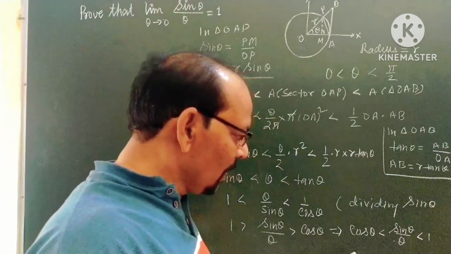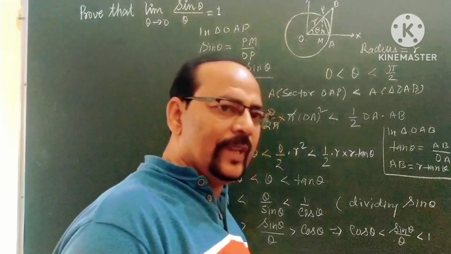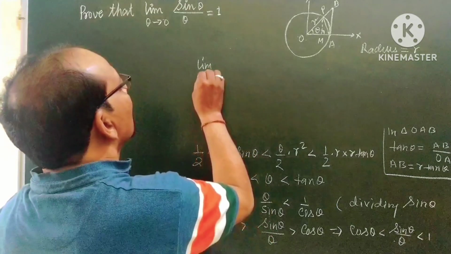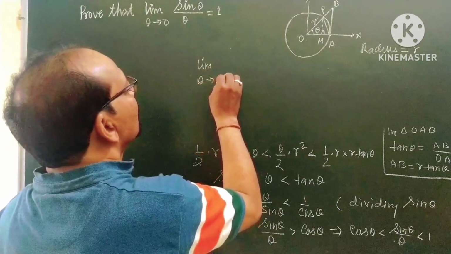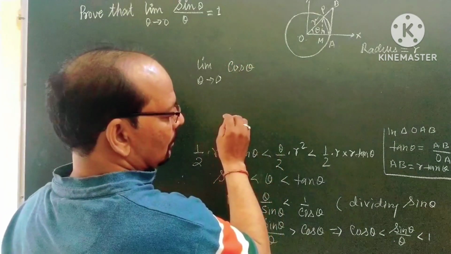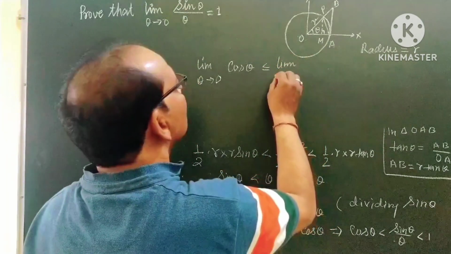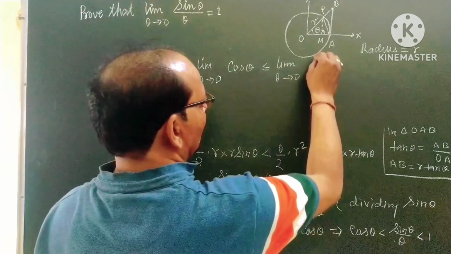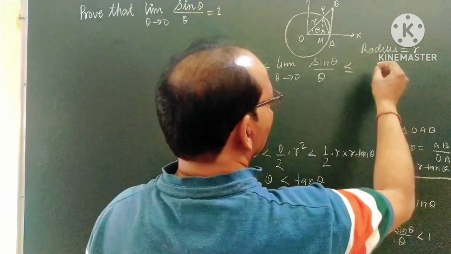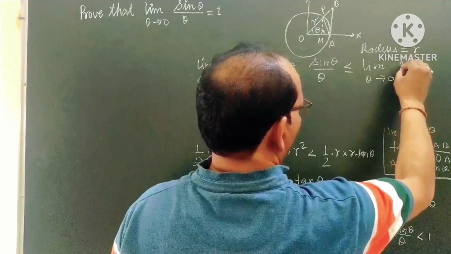Therefore, if we take the limit of each term, we get limit theta tends to 0 of cos theta less than or equal to limit theta tends to 0 of sin theta by theta less than or equal to limit theta tends to 0 of 1.